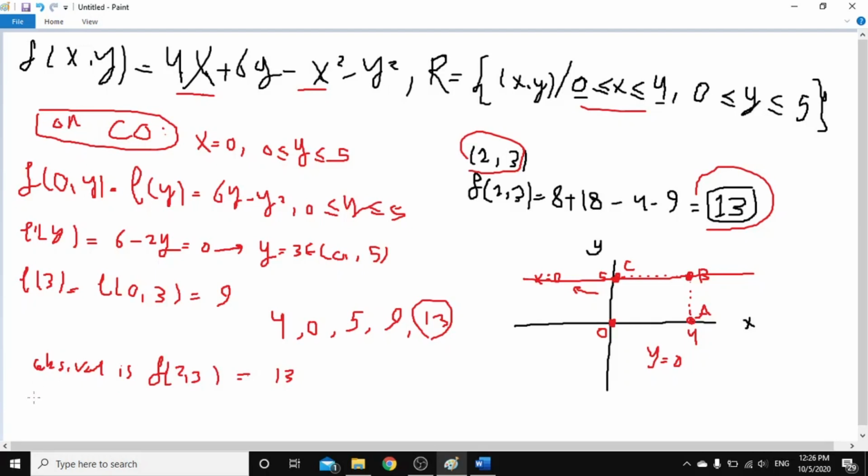So you say absolute minimum value is, for example, here the minimum value is f of 0 comma 0, and also f of 4 comma 0. Both of them have answer 0, because yes, this answer is correct, the minimum value is 0 and the maximum value is 13.